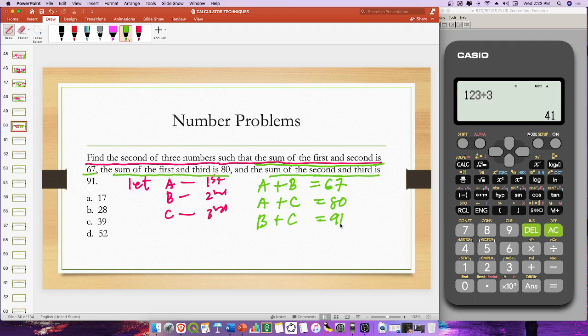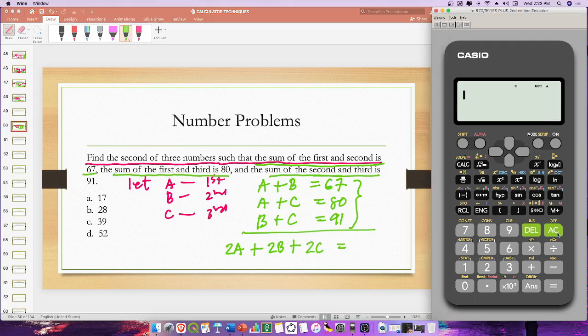So I know now you are familiar with this type of problem. So we did this before. Okay, we just add the three equations. So what will happen if we add the three equations? All the variables will be added. That will become 2a plus 2b plus 2c, is equal to the sum of all the constant terms.